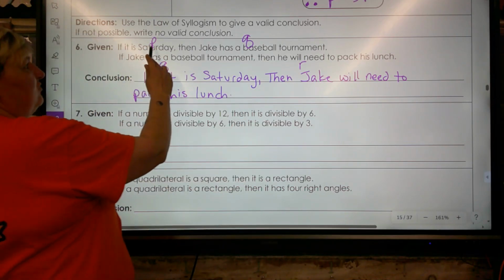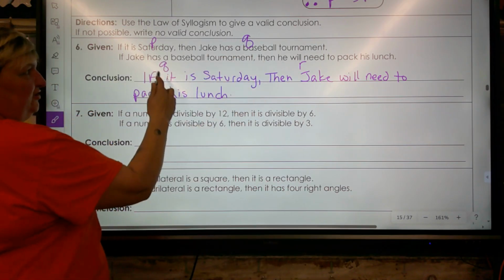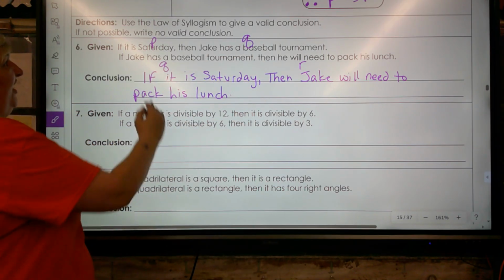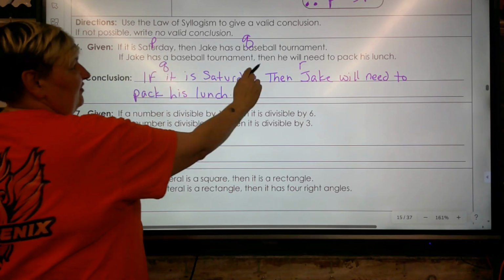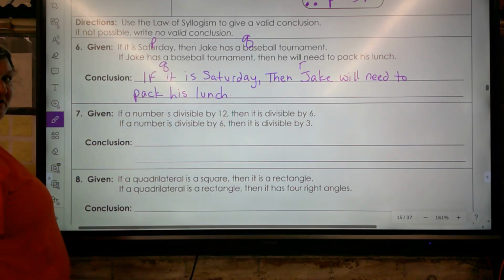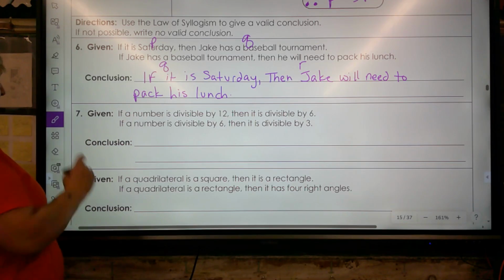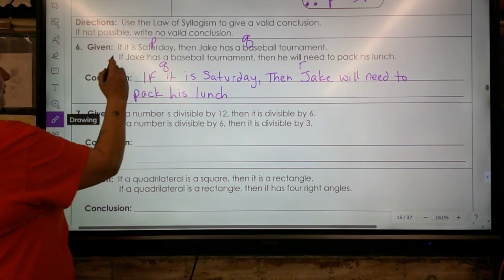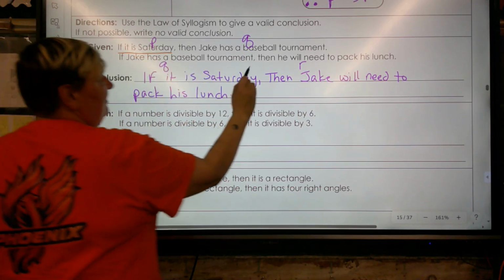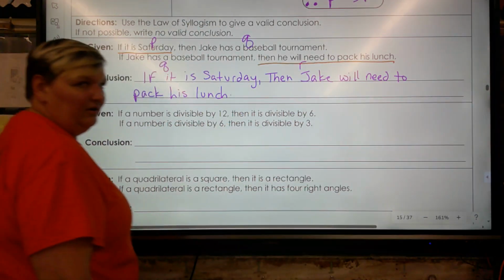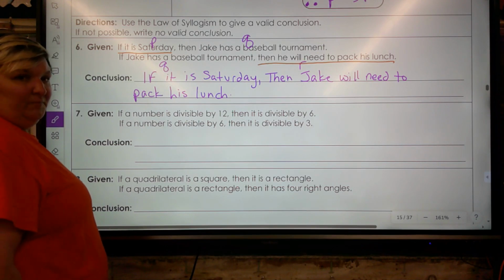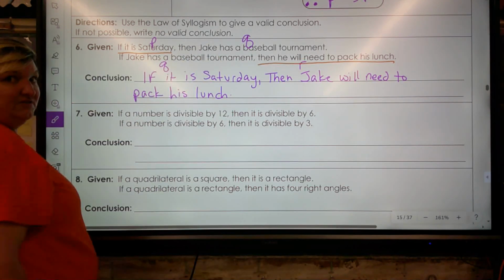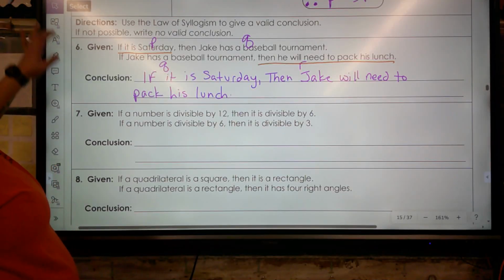If the pattern holds, P, Q, Q, R, the Q's disappear and we're left with P, R. If P, then R. But only if the pattern holds. Let's do another one.